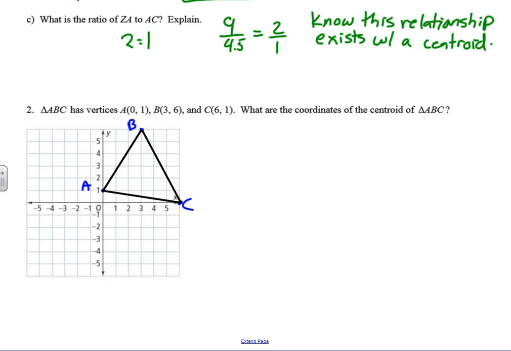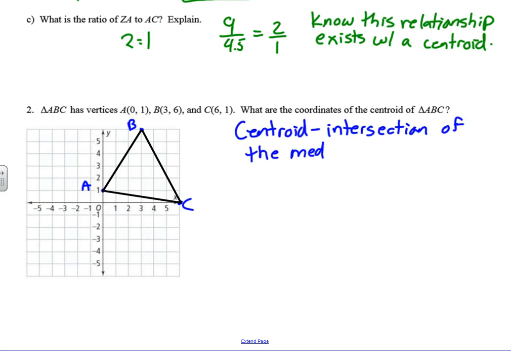Okay, so again, centroid, here's the thinking we have to have: it is the intersection, or the point of concurrency, of the medians. And when we think about medians, we want to think about midpoints, right? M and M. That's what I think about with medians, M and M. So we need to find the midpoint of the sides that we have here.